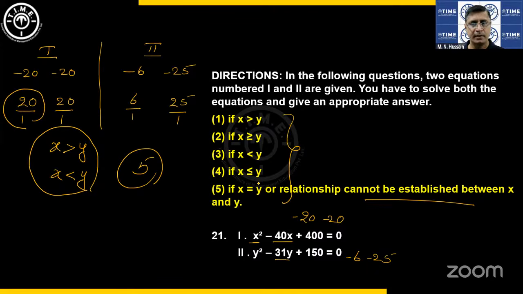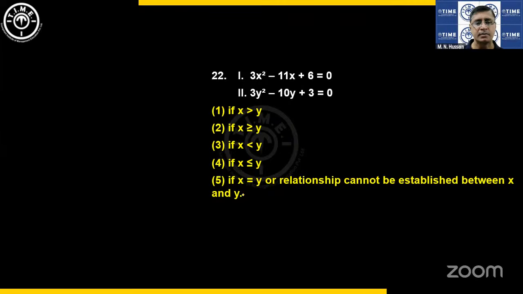Okay. Now look at the next example on your screen. 3 into 6, that is 18. Now 18 is the product. Express 18 as a product of two factors whose sum is equal to the middle term. Okay, now look at this one.